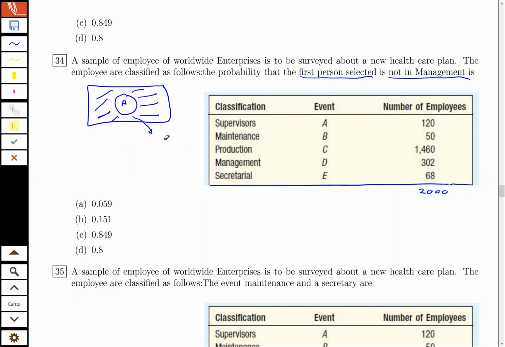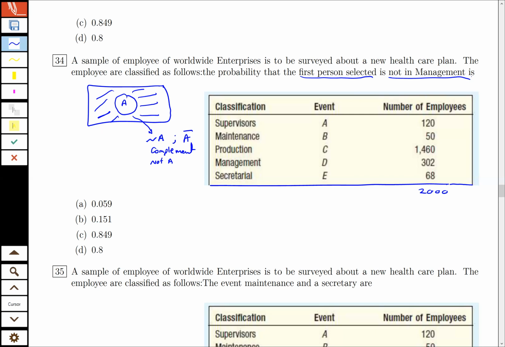We have two ways to write it: complement of A, or some books call it A bar. This means complement, not A. So here he wants not management.